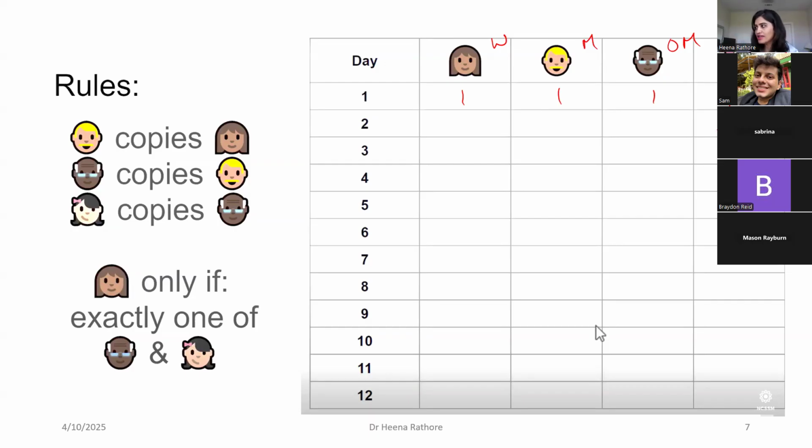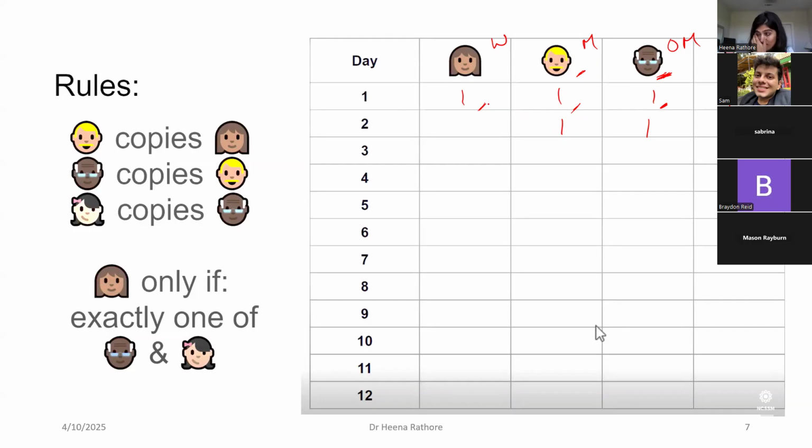So the girl will have an umbrella only and only if the old man had an umbrella the previous day. So in this case, the girl will have 1. The old man will have an umbrella only if the man had one the previous day, which in this case is also 1. Then the man will have an umbrella the next day only if the woman had one the previous day, so we put 1.